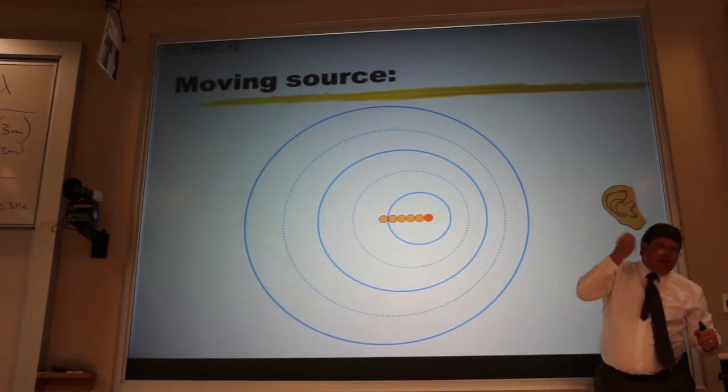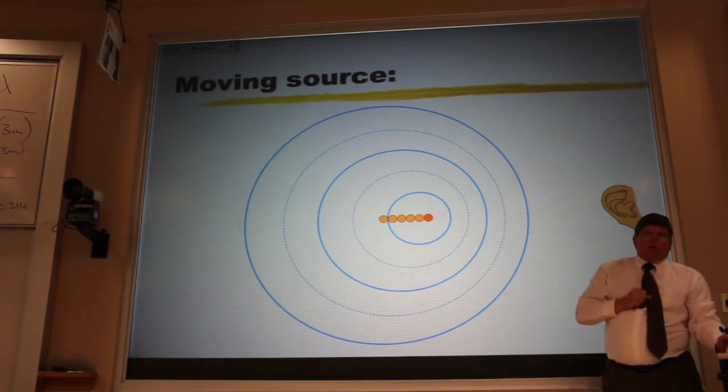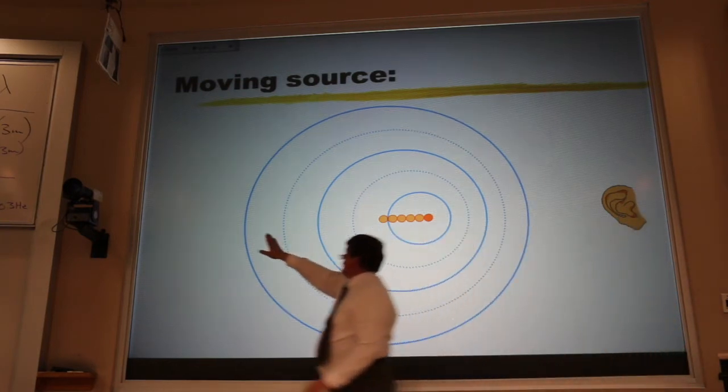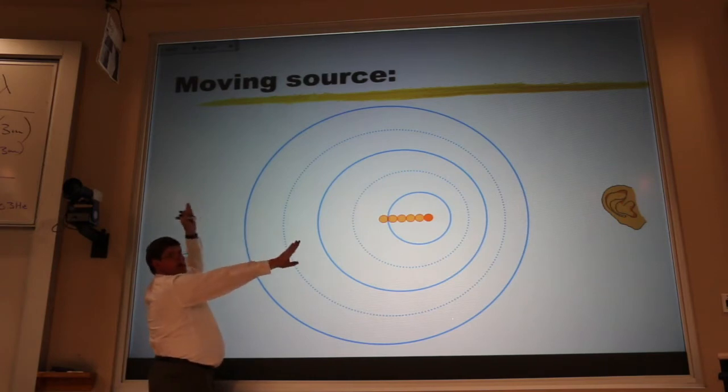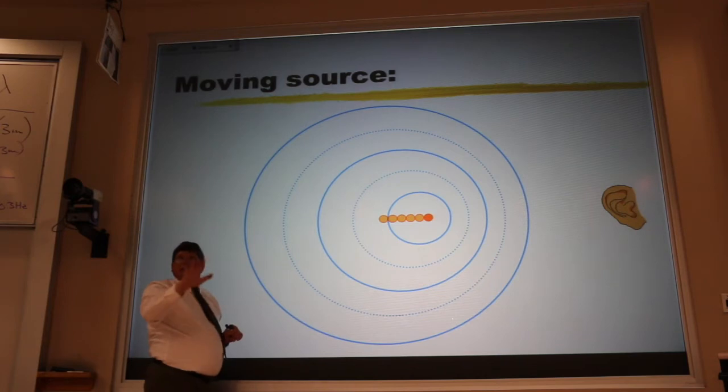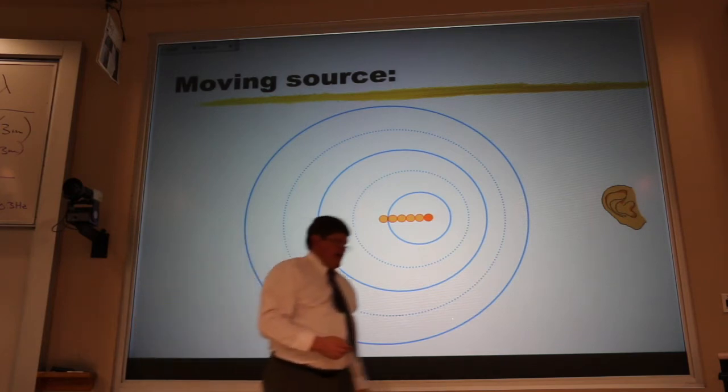And that means they're going to hit your eardrum at a quicker rate than the 400 hertz. If that source is going away from you, now these crests are spread out. They're not going to hit your eardrum as often. The frequency that you hear is shifted down.